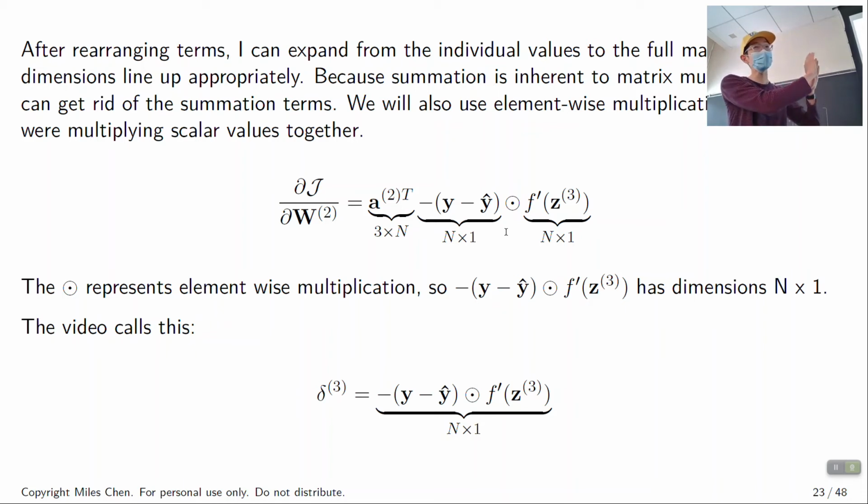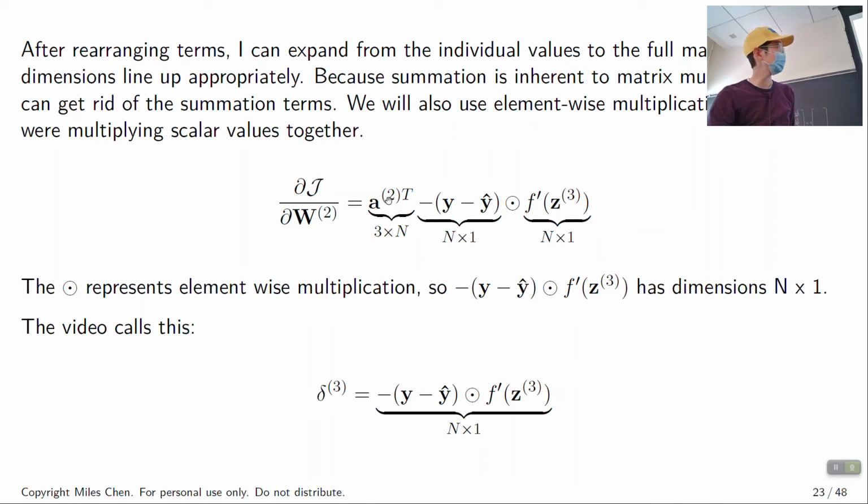This is not like a cross product. A cross product would take n values and n values, multiply them and add them all up. We don't want that. We want to preserve that this is still going to be n by 1. So I'm going to do y minus y hat, element-wise multiplied by f prime of z3, which is also n by 1. We multiply those things together, so this result is n by 1.